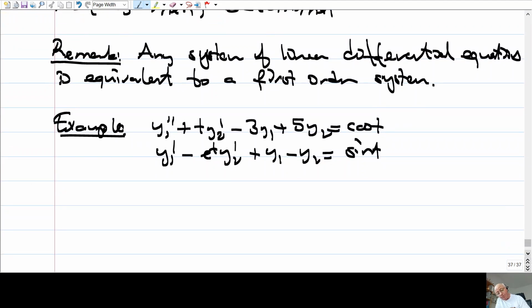The unknown functions are y1(t) and y2(t).